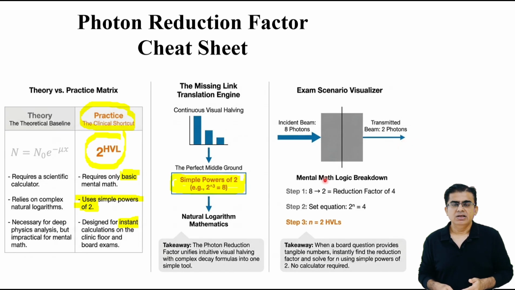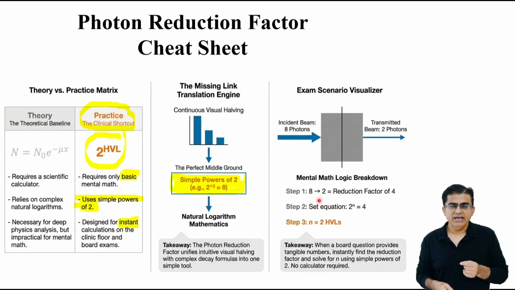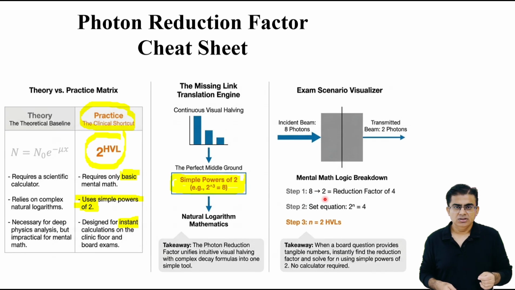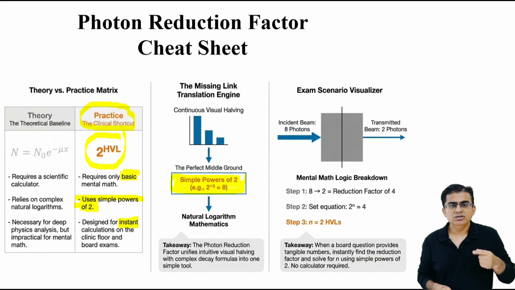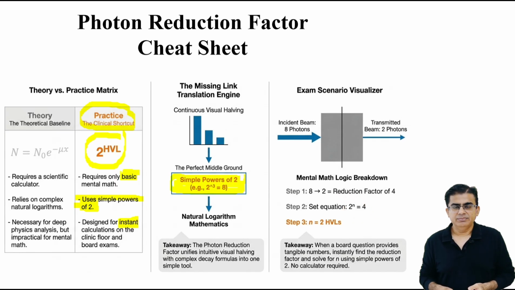Step 1. If the beam drops from 8 to 2, it has been reduced by a total reduction factor of 4. Step 2. We simply set our equation to 2 to the power of n equals 4. Step 3.